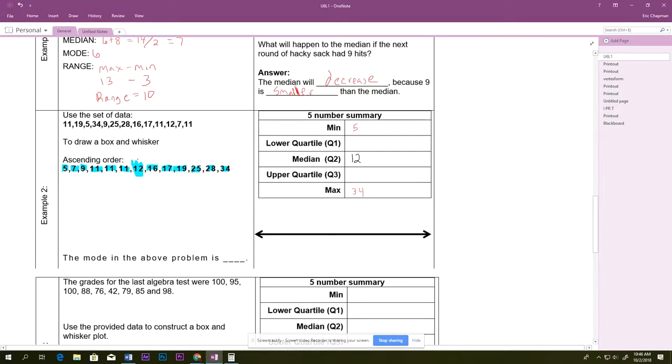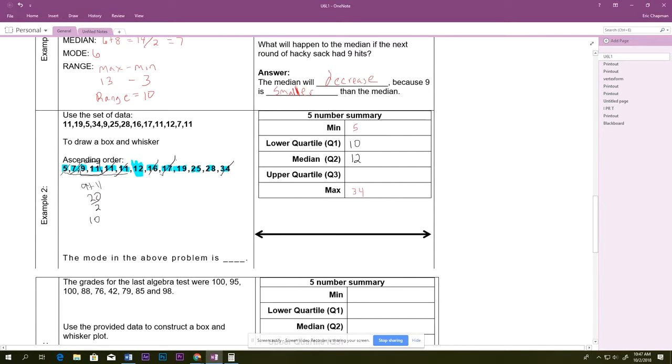Okay, now let's find the median of the lower part. So we're going to count these. So middle, middle. Let's start crossing things off. All right, looks like 9 and 11 are in the middle. So 9 plus 11 is 20, divided by 2 is 10. So our quartile 1 is 10. Let's find the upper.